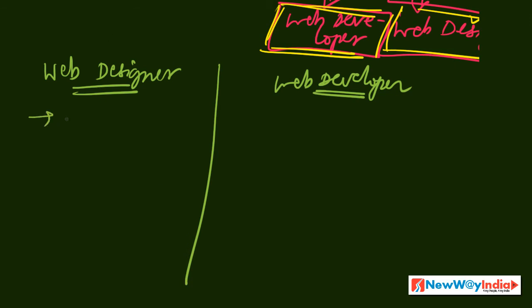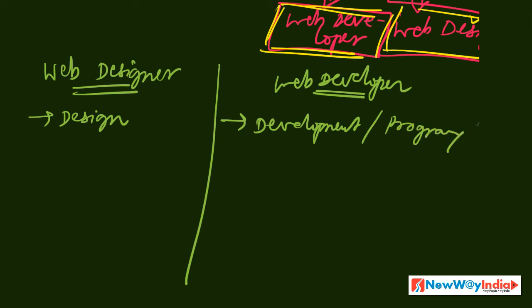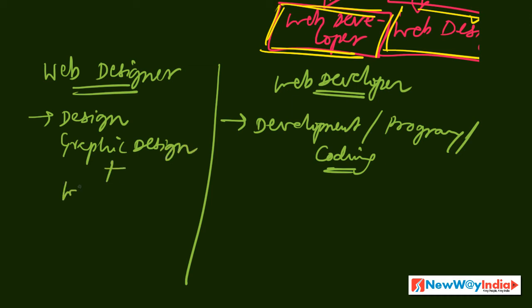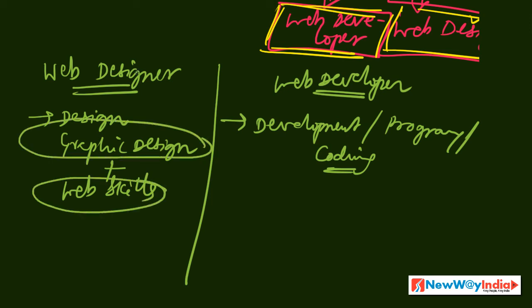For example, the designer's work is mostly designing. The developer's work is mostly development, means programming, the coding part. The designing part is just like graphic designing. Graphic design skills related to web skills, these two combinedly are useful for a web designer.